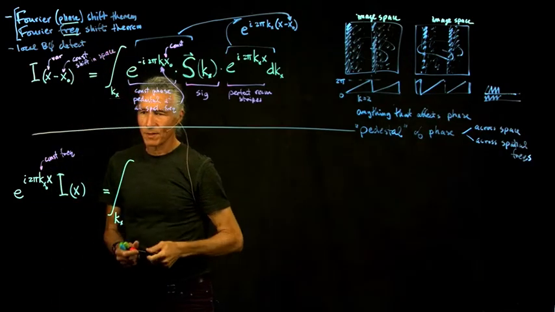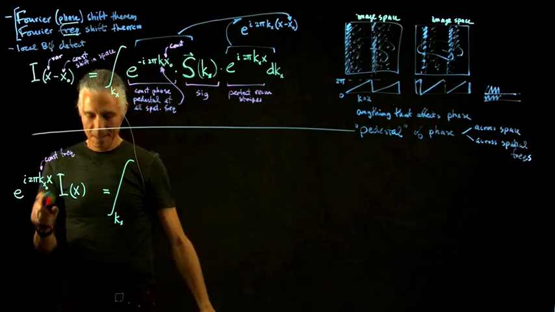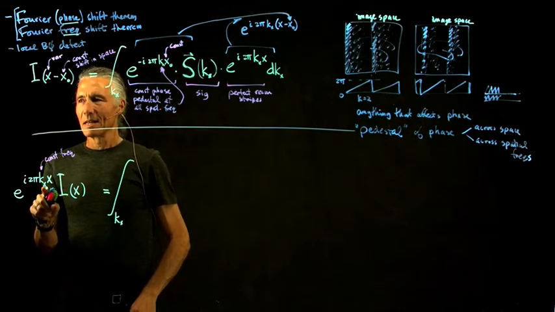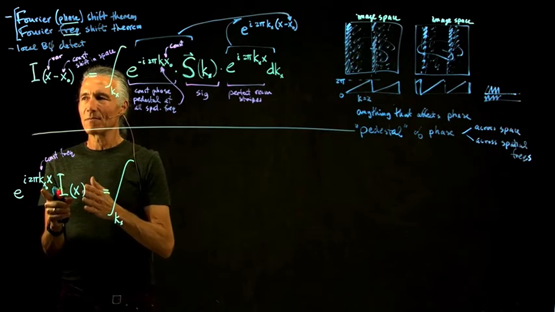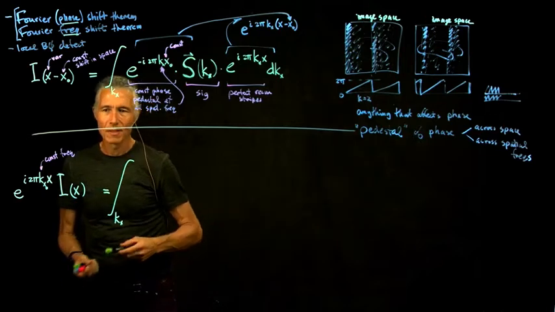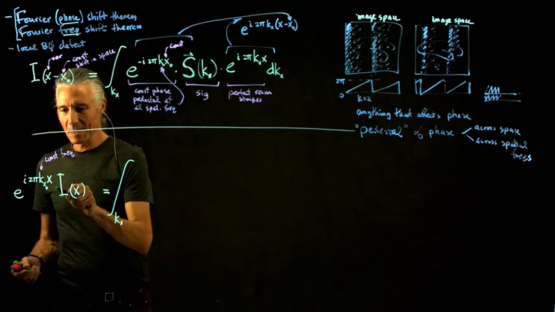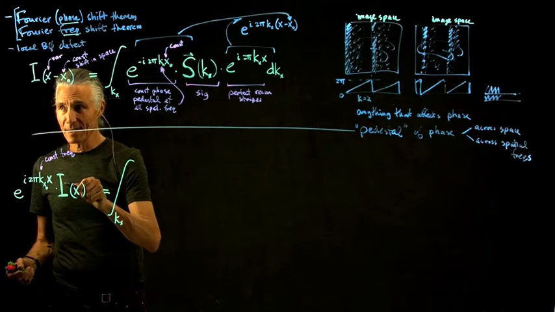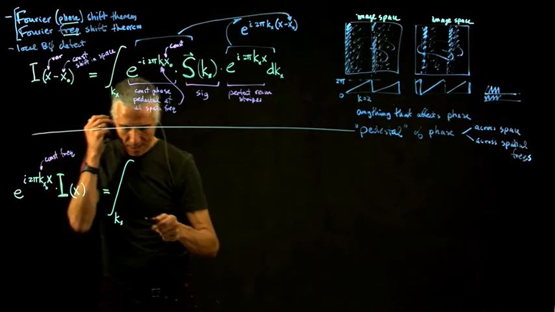So it's a constant frequency, so it's a fixed amount of frequency offset for all frequencies. And it's multiplied by the image, which will change the phase of the image.